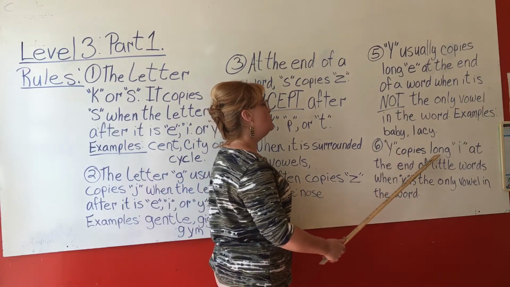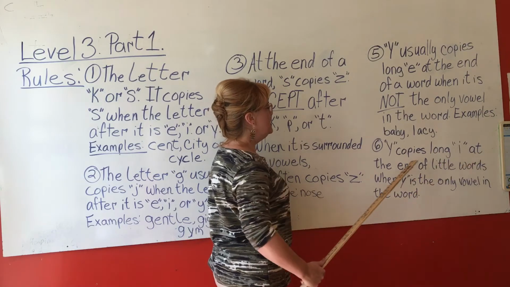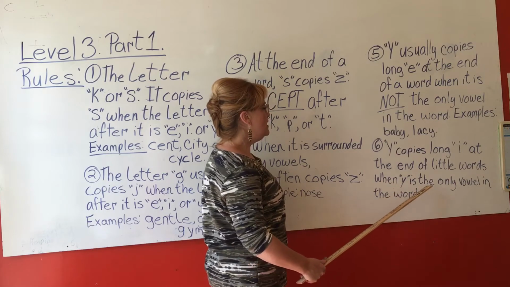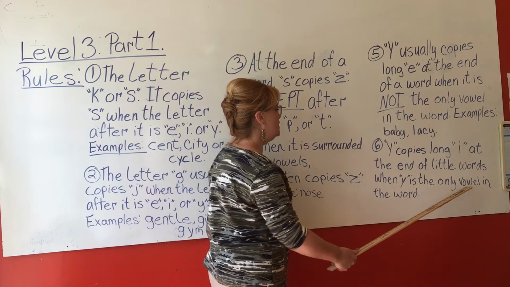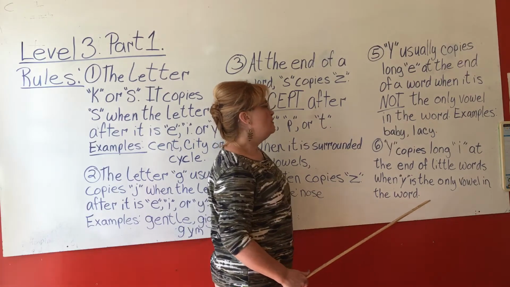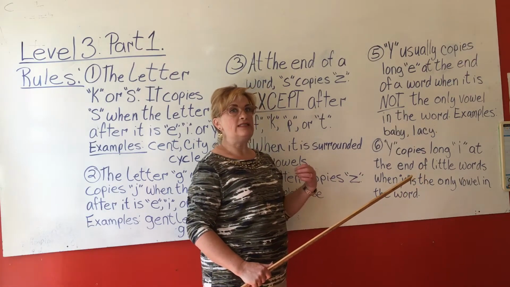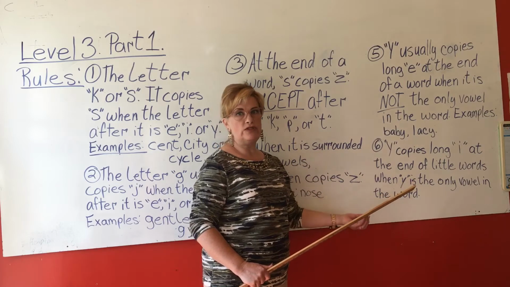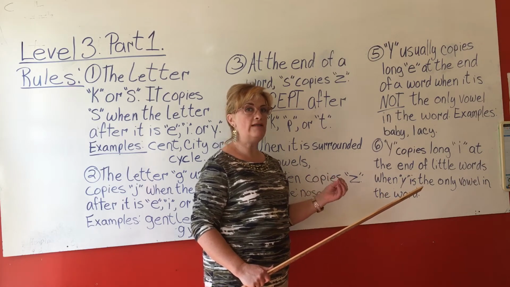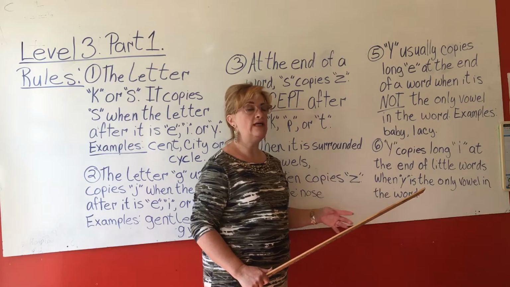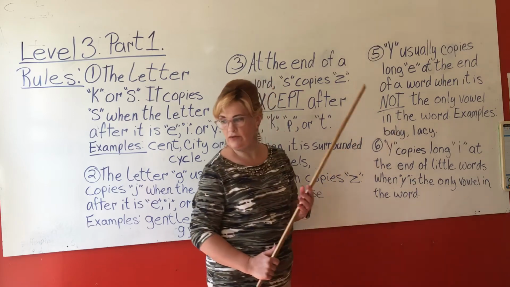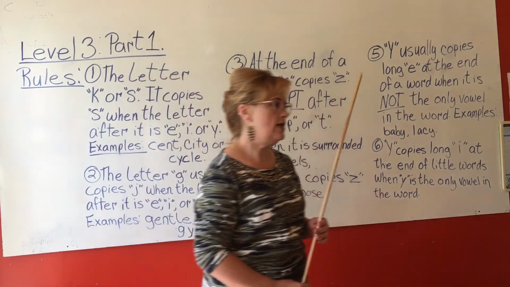Y copies long I at the end of little words when Y is the only vowel in the word. Okay? Like the word by, like this was made by so-and-so, B-Y. That Y in the word by sounds like an I. Okay?